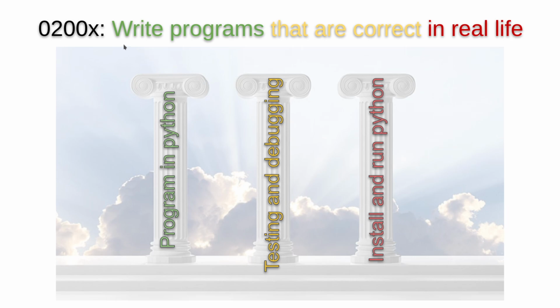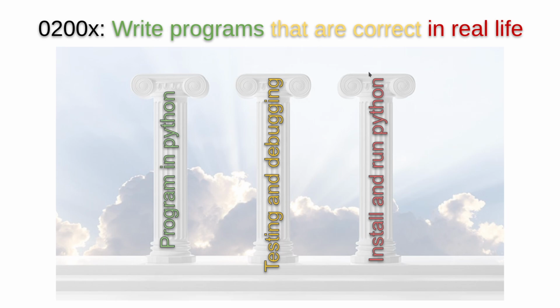So what's our philosophy behind teaching programming in this course? I think I can summarize it as this. We want you to be able to write programs that are correct, and this has to be a real life skill that you have. First of all, you need to actually be able to program.